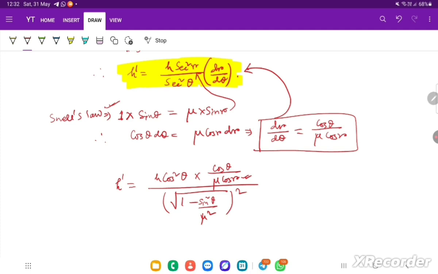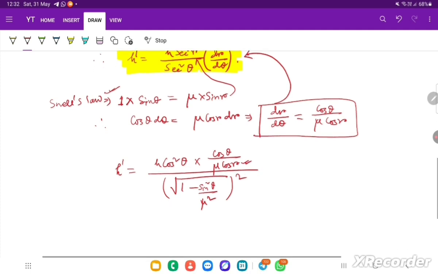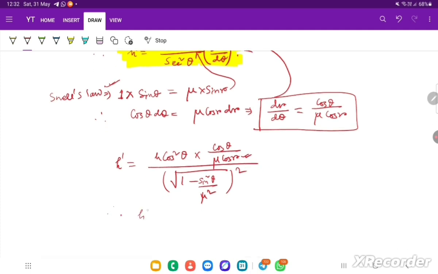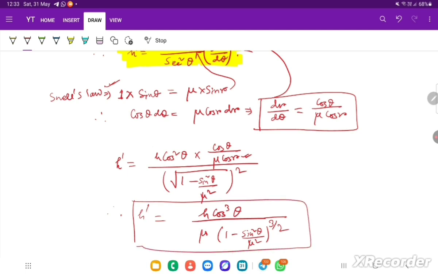So, let me write it in a fair manner: h cos cube theta upon mu into 1 minus sine square theta upon mu square whole to the power 3 by 2, right? Because in the denominator it will finally be cos cube r. So yeah, I think I am done with the solution, and this one is our final answer.